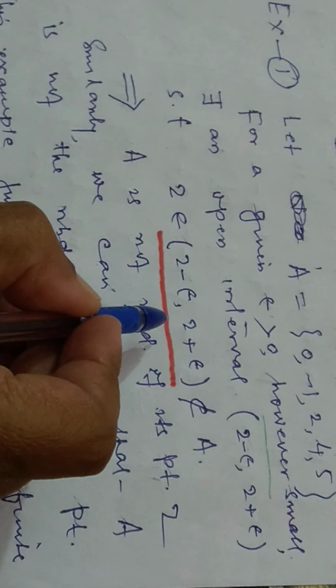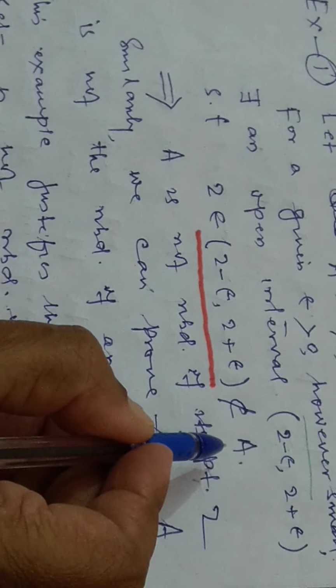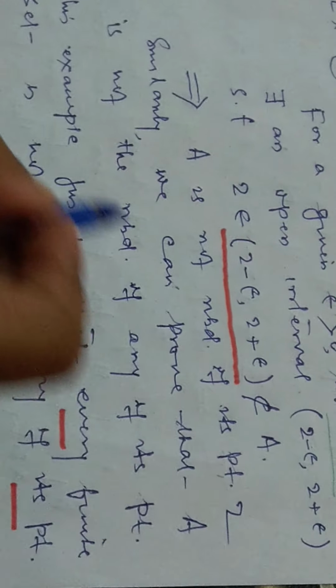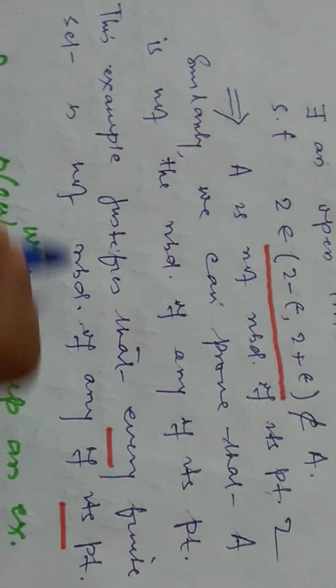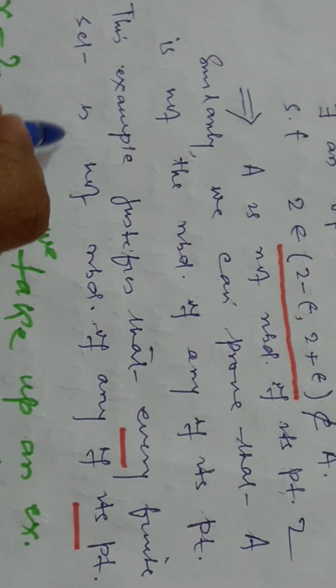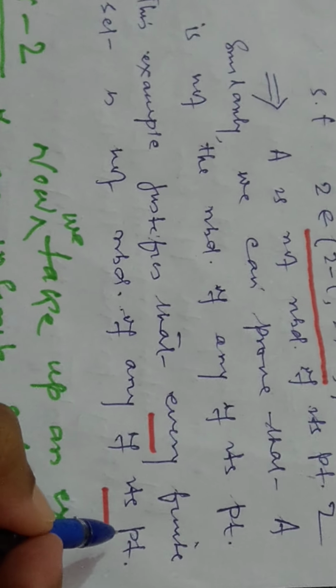An infinite set cannot be a subset of a finite set. And this example justifies that every finite set is not a neighborhood of any of its points.